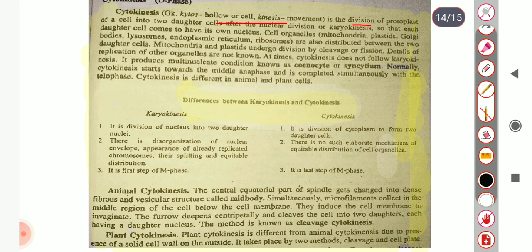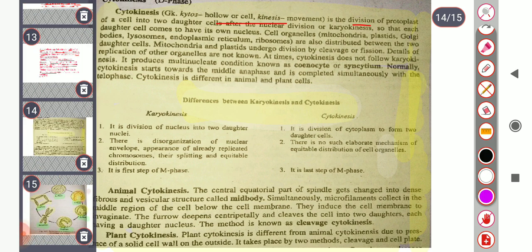Second, in karyokinesis, the nuclear envelope disappears and the already replicated chromosomes are split for equitable distribution. In cytokinesis, no such elaborate mechanism occurs. Karyokinesis is the first step of the M phase, and cytokinesis is the last step. So this is all about cytokinesis.